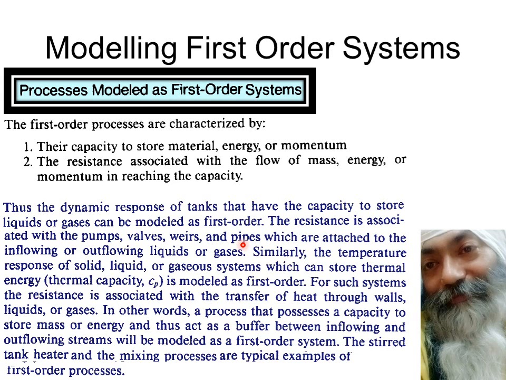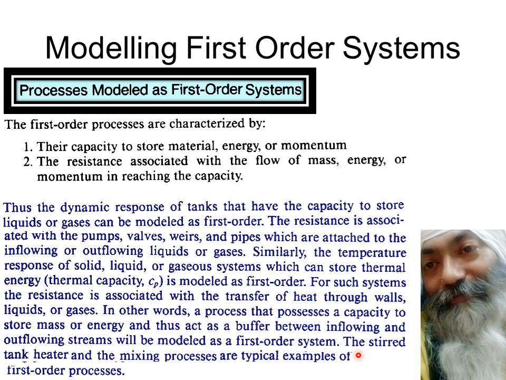Similarly, wherever you can store some energy, here thermal capacity is there, so you can store energy, and there is some flow of heat through walls or through whatsoever manner. Heat exchanger has basically walls only through which the energy is flowing, and so on and so forth. These can also be taken as first order system.